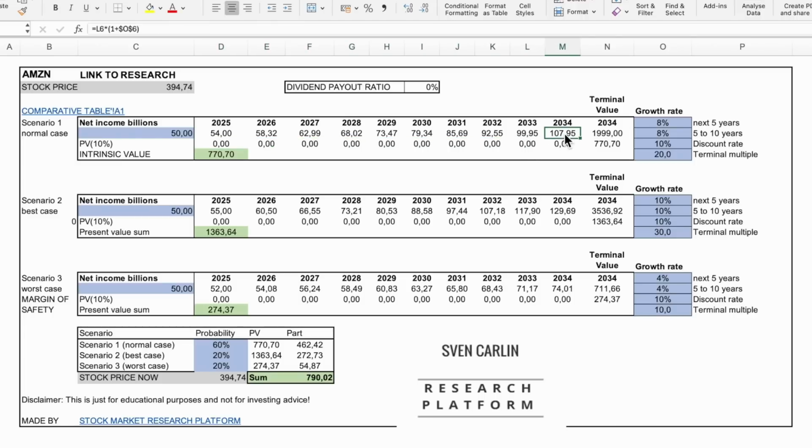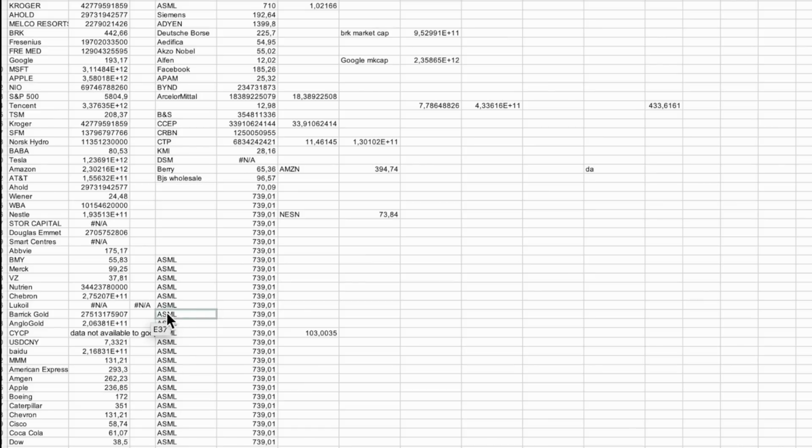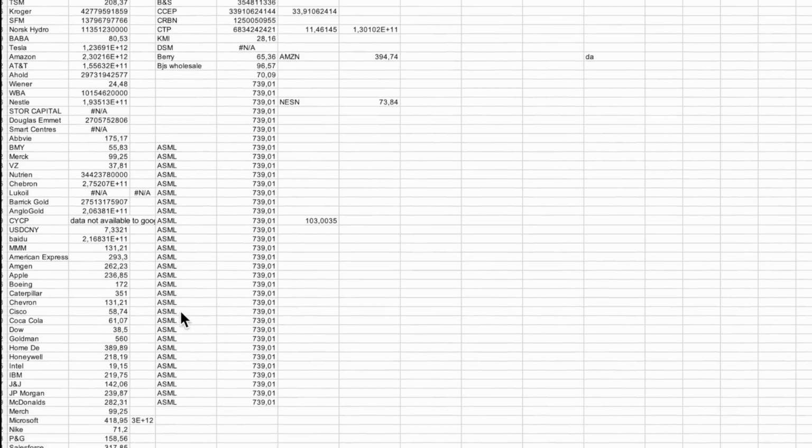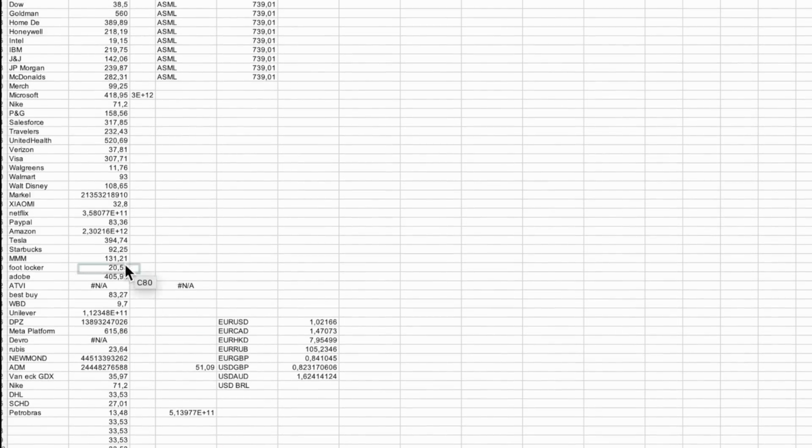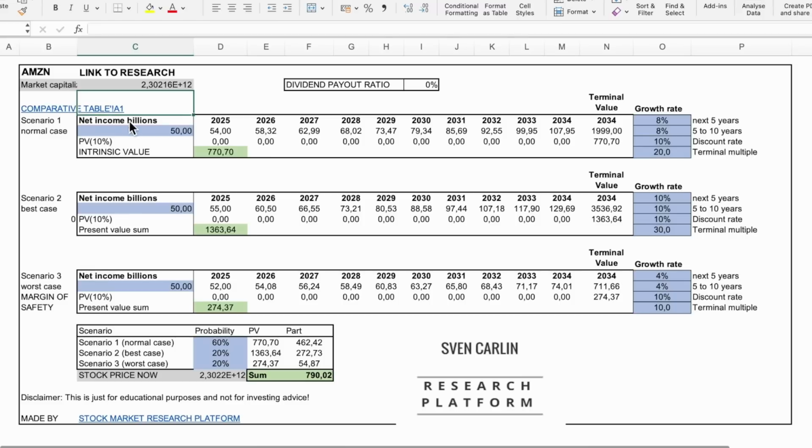The dividend payout ratio here is 0, so no present values here until you sell it. And then when you sell it, the intrinsic value, here I have used billions, so we have to compare it to the market capitalization. So I have to change here to market capitalization and then also change the input from the table I have here. Let me just find it. Amazon, here is the billions.